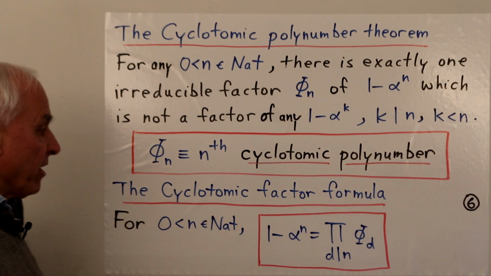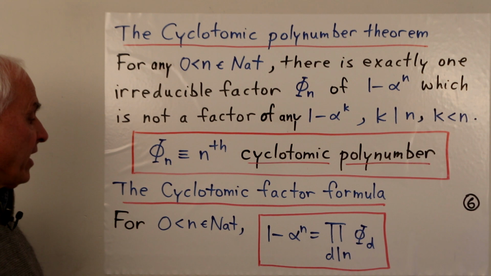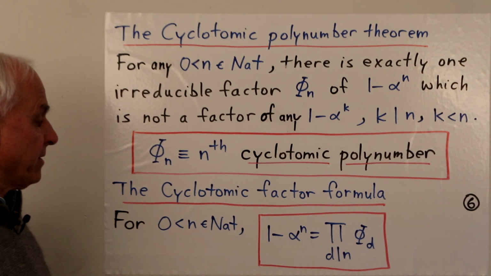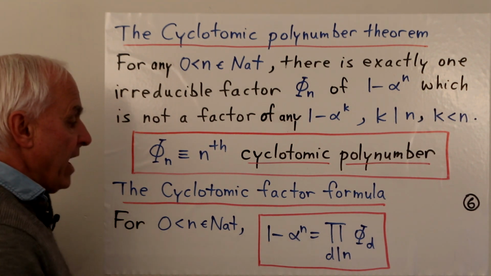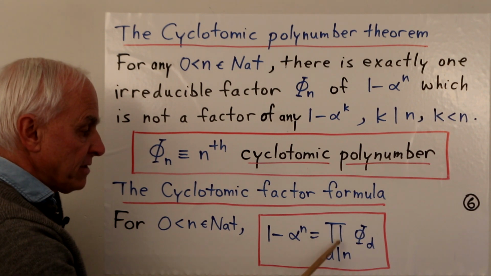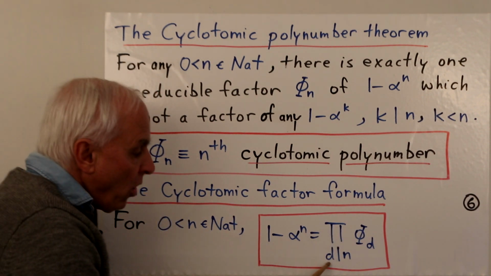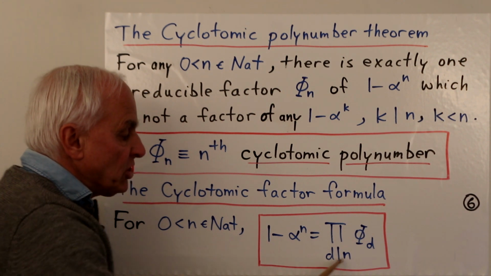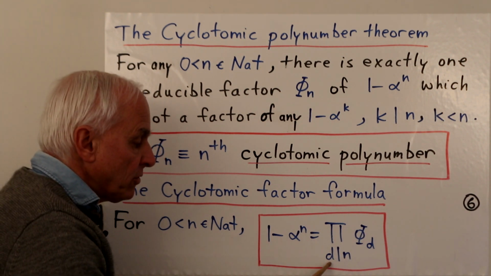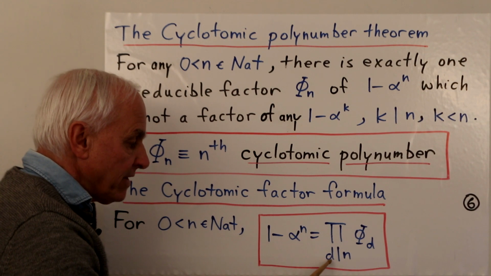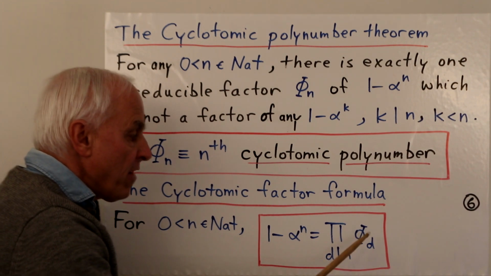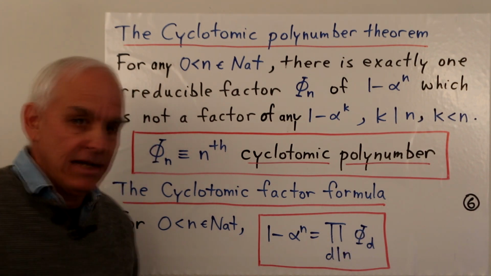And then the cyclotomic factor formula is that, again, for a natural number n, 1 minus alpha to the n is the product. So this big pi means product. A product over all the natural numbers d which divide n. So there's the product over d, where d divides n, of phi sub d.